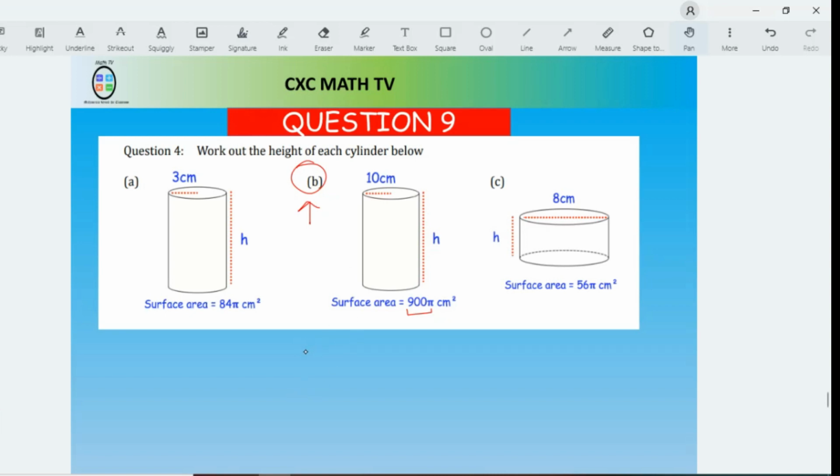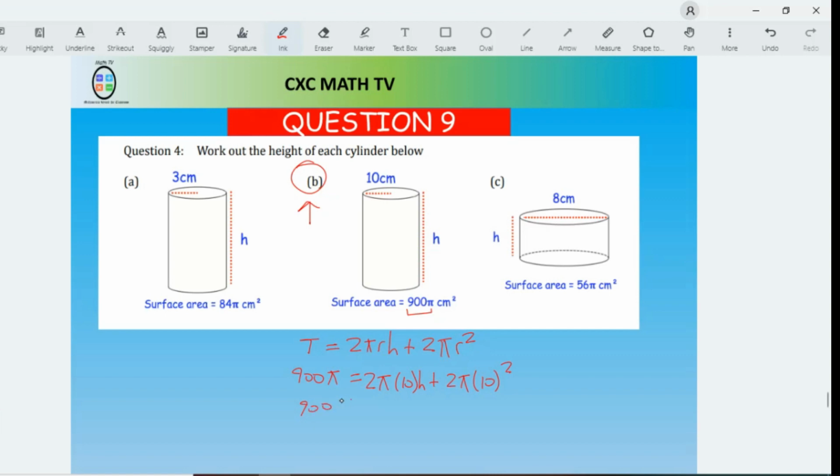So in doing part B, we start by writing down what? The formula. Total surface area is 2 pi RH plus 2 pi R squared. So that means 900 pi is equal to 2 pi times the radius being 10 times the height h plus 2 pi times the radius, which is 10 squared.